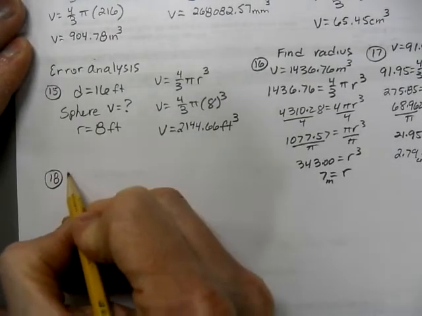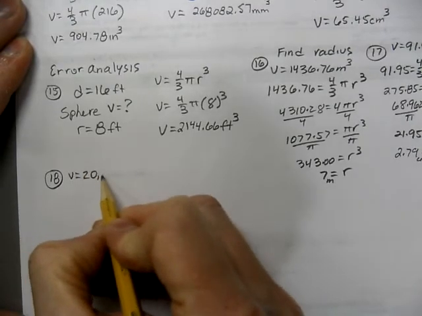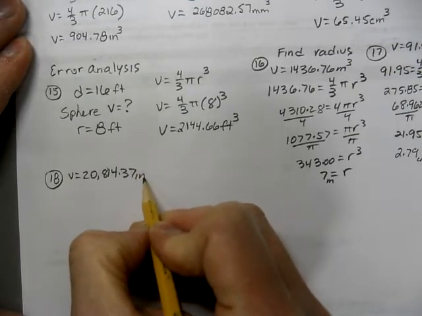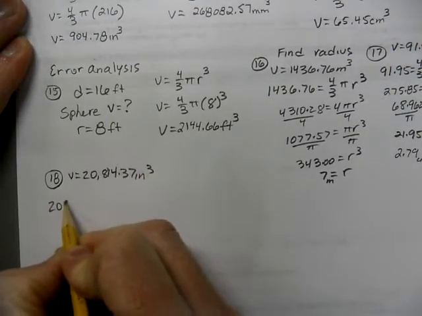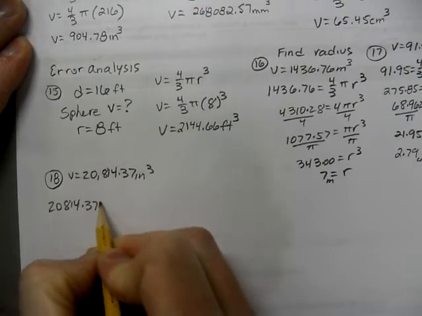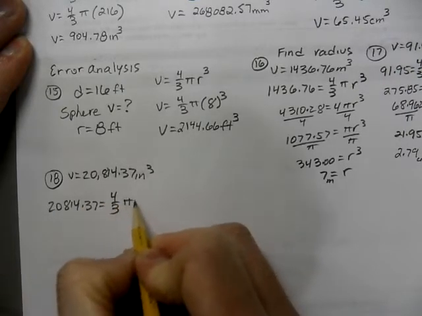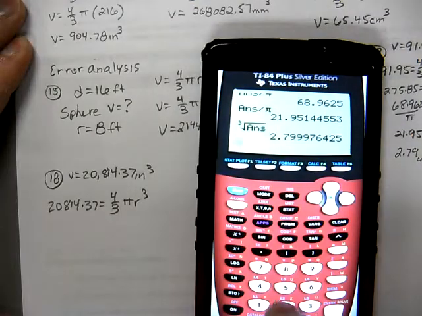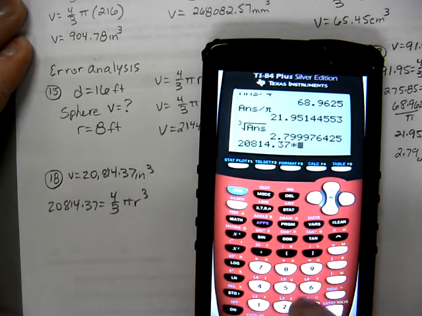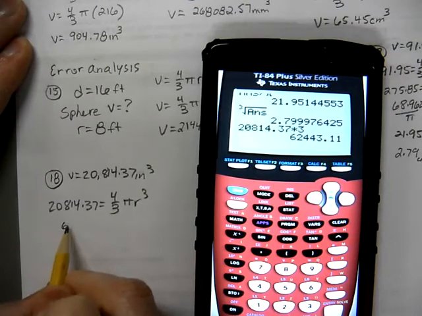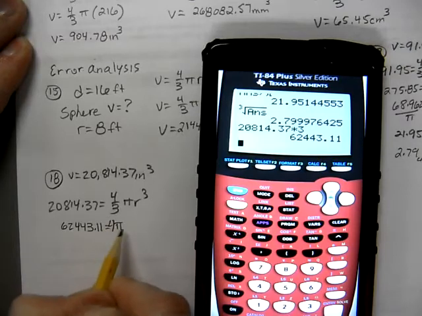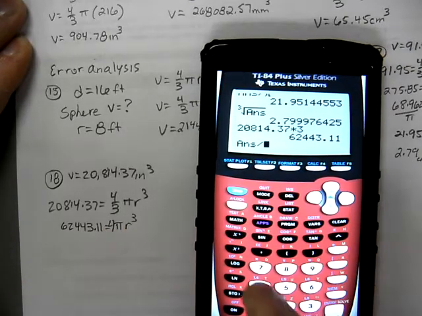Number 18, the volume is 20,814. So we'll take that number, equal it to the 4/3 pi r cubed. Times it by the denominator. Divide it by the 4.